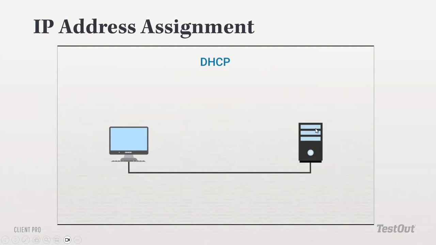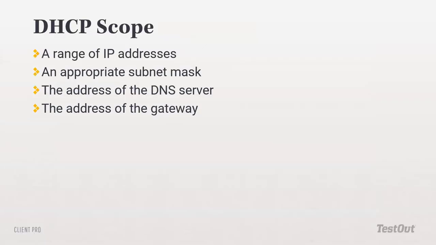That address is leased to the computer, and the computer regularly renews its lease to make sure that it can continue to have an IP address. Frankly, it'll try to keep that IP address as consistent as possible, which for a client doesn't really matter. And by the way, if there's one type of computer that you want to manually configure so the IP address doesn't change, it would be a server.